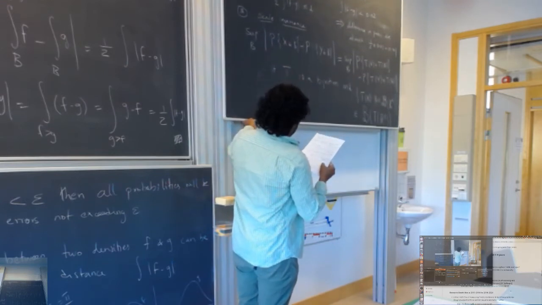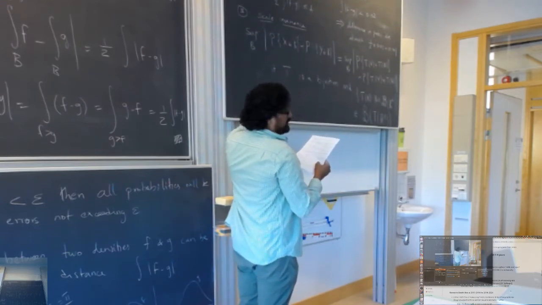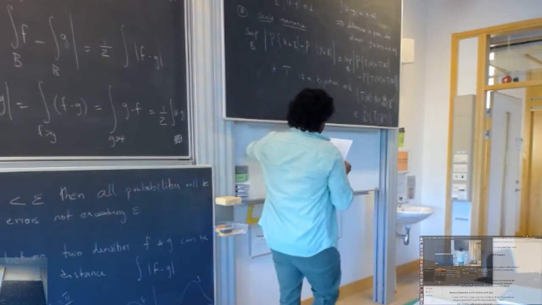The last property is that total variation distance decreases under any Borel measurable mapping.